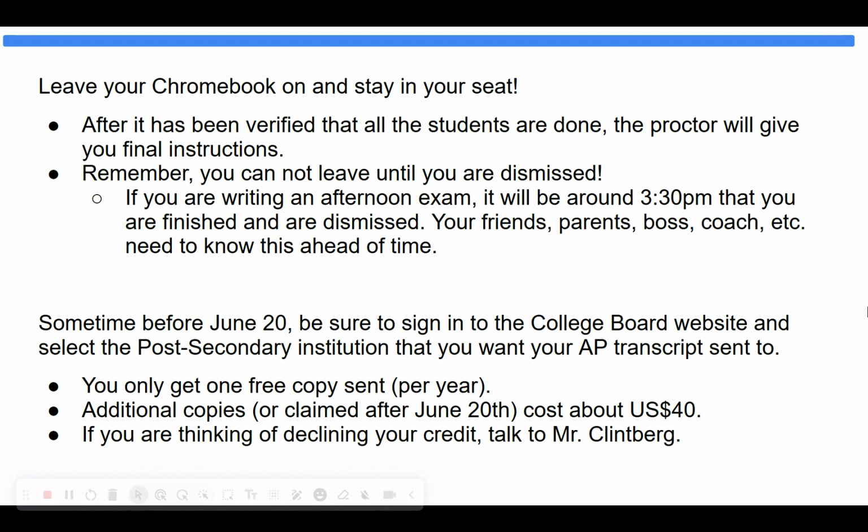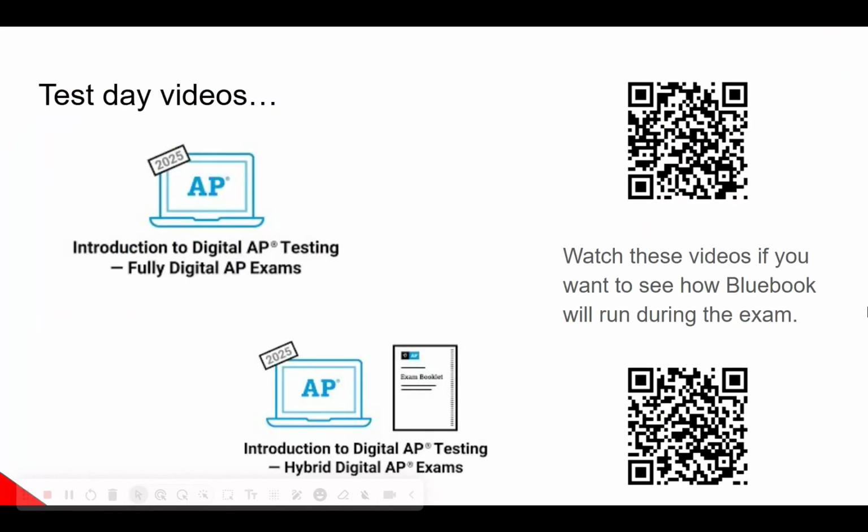This could be because you're writing bio, but you're planning to go into something where your major is bio. So you would actually decline the credit, because that means you're still going to take the first year course instead of just having it show up as a pass. Honestly, there's reasons for why you'd want to do that. But if you're in any doubt about that, come and talk to me and we'll try to work through it.